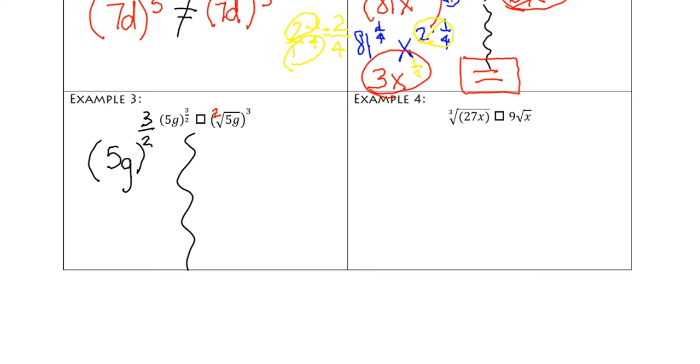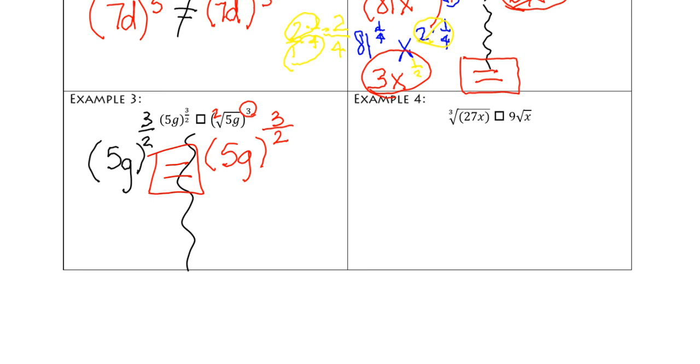So this is really a square root of 5g. That whole thing is underneath the square root, so I put that 5g in parentheses. 3 is the exponent, so that goes on top. 2 is the root, that goes on the denominator of our exponent there. So if we compare our answers here, 5g in parentheses raised to the 3/2 power, 5g in parentheses raised to the 3/2 power. Yes, that is equal.